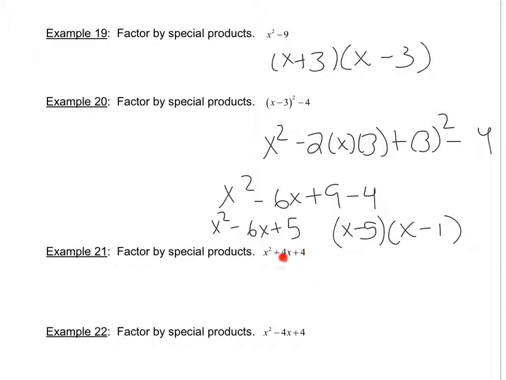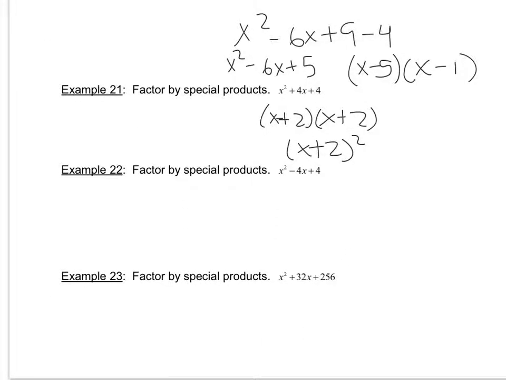What multiplies to 4 and adds to 4? 2 and 2, which is just x plus 2 squared. Okay? What multiplies to 4 and adds to negative 4? Well, instead of plus 2, it's x minus 2, which is x minus 2 squared.